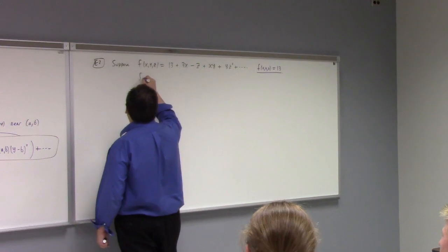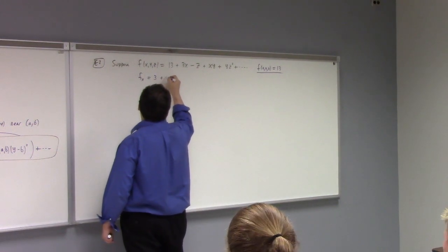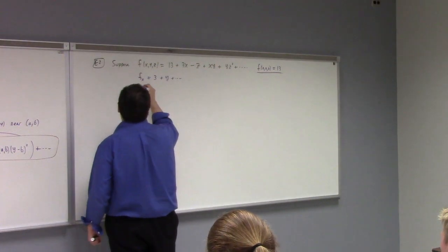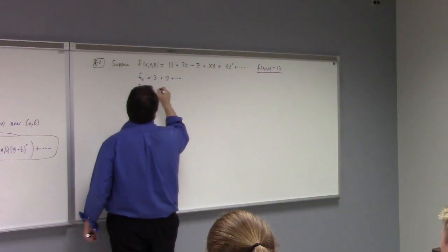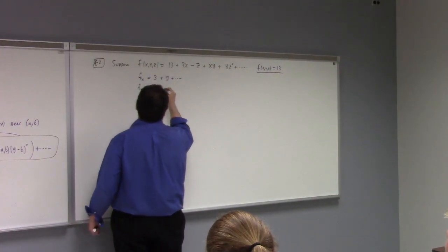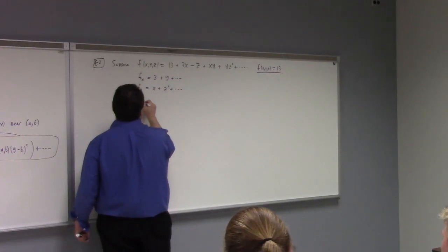What happens if we take the x derivative of this? What's f_x of this? 3, yeah, plus y, plus stuff, whatever, right? What's the y derivative? x plus z², all right. And what's the z derivative?